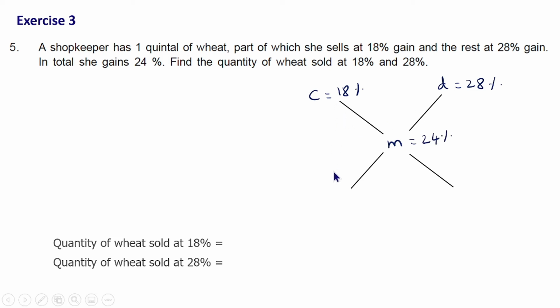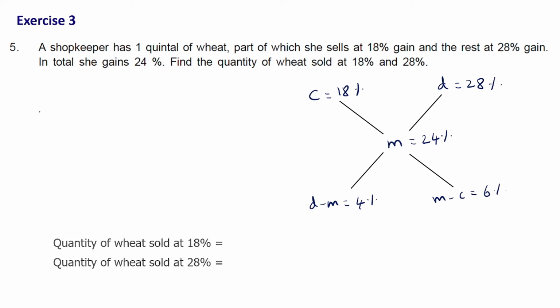So this side we have the wheat she sells at 18% profit and this side we have the wheat she sells at 28% profit. So here D minus M is 28 minus 24, so this is 4%, and M minus C is 24 minus 18, which is 6%.